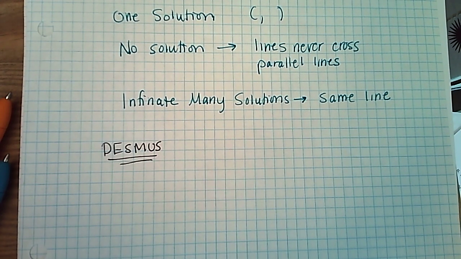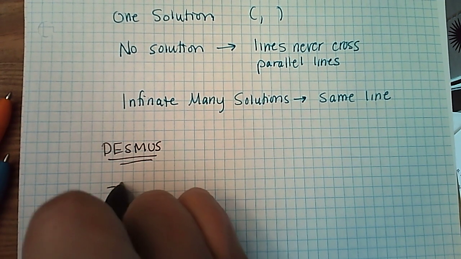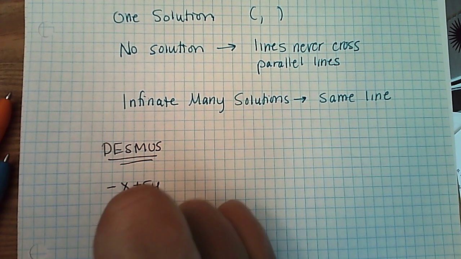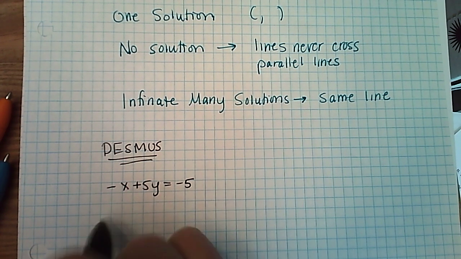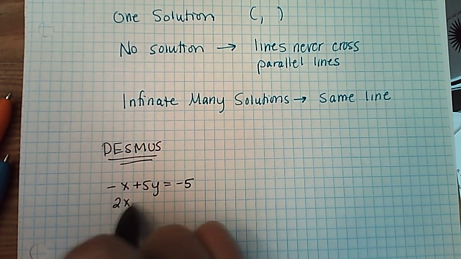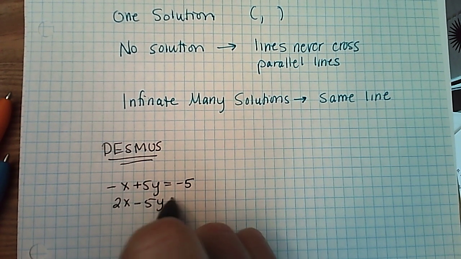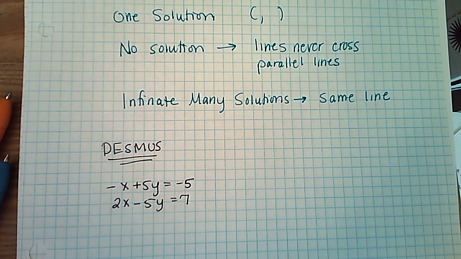So that's what I'm going to do for these last 3 examples. I'm going to put it into Desmos for you. So the first one, I'm going to have negative x plus 5y equals negative 5, and 2x minus 5y equals 7. And it's going to say, how many solutions? Does it have 1? Does it have none? Or does it have infinite solutions?